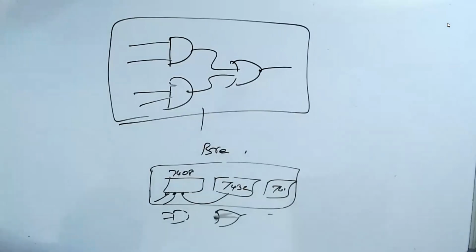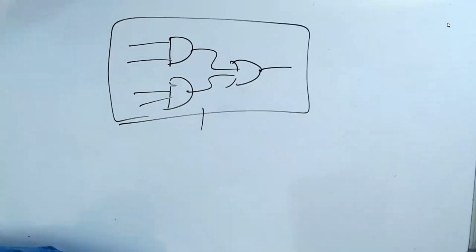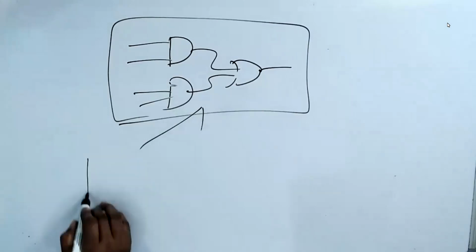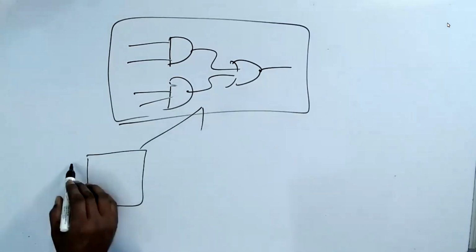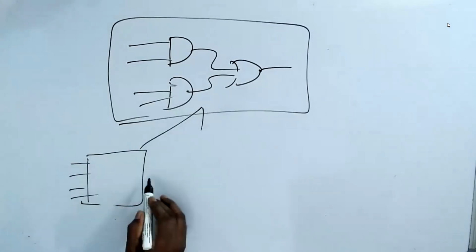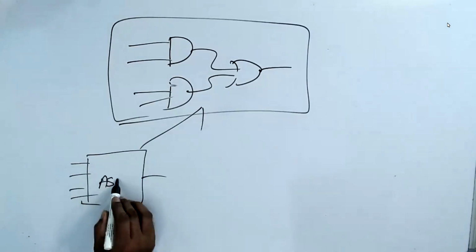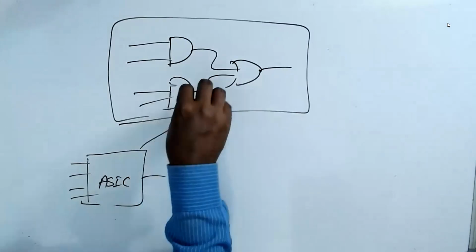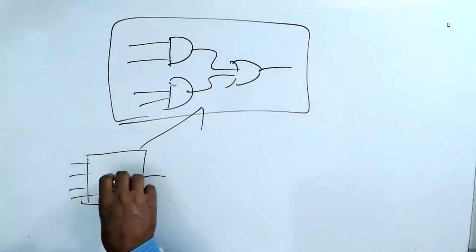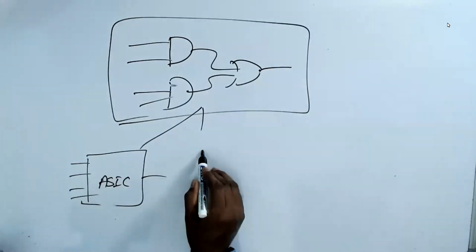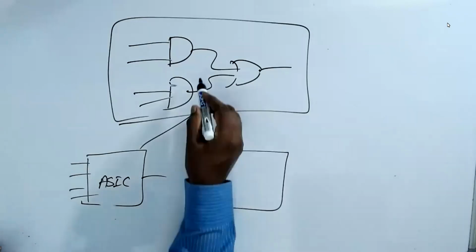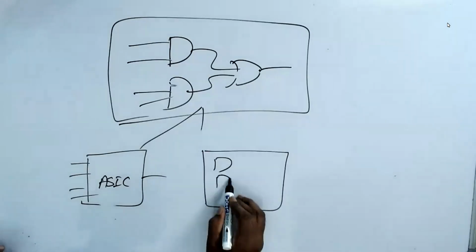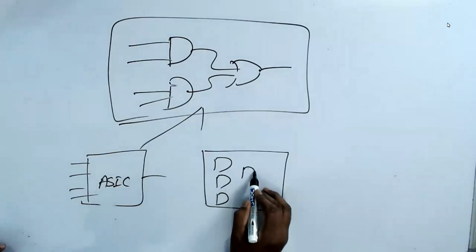Now, what we did was the same connection was given inside the IC. 4 inputs, 1 output. This is called an ASIC, where the manufacturer puts this in an IC and gives it to you. Now, FPGA is nothing but I have a lot of gates inside.